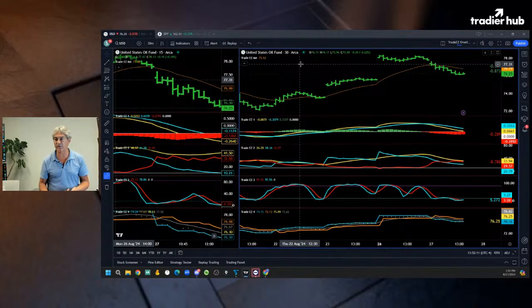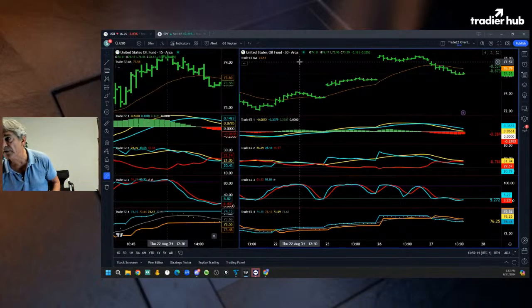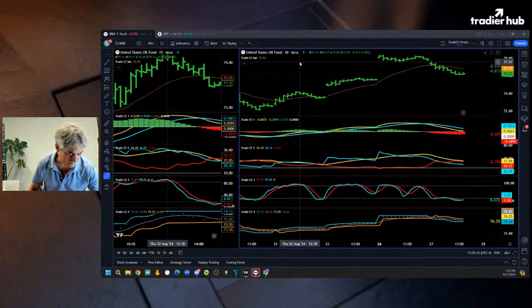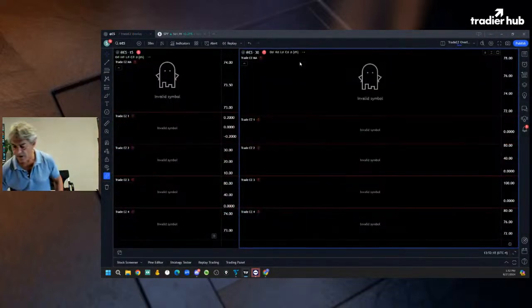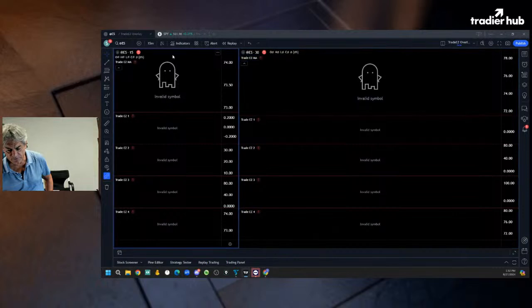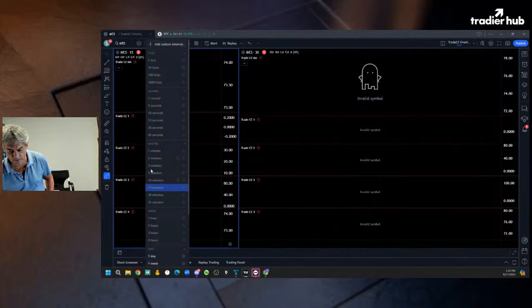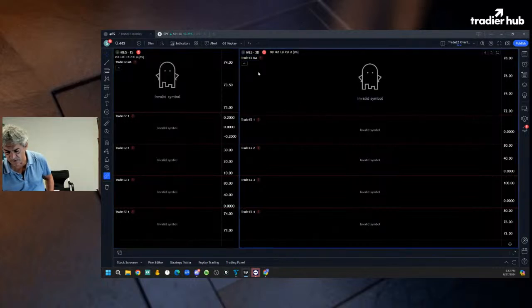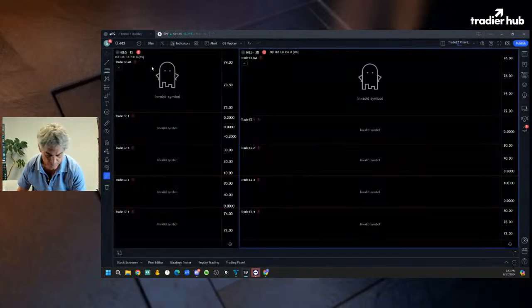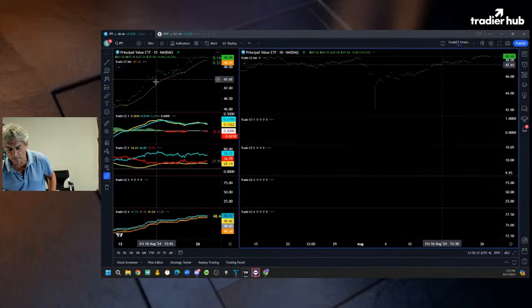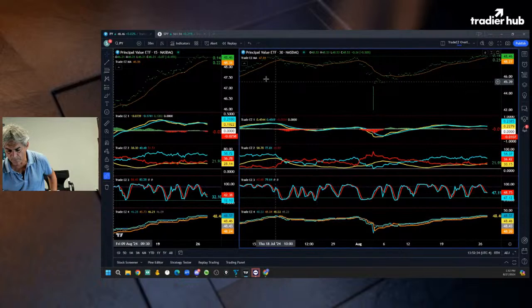Look at the S&Ps go here, almost making new highs. They're close to making new highs here. Again, this was a beautiful pattern on the S&Ps. Let me just see what's going on here. Invalid symbol. Let me just type in the Spiders here. I don't know what's going on.